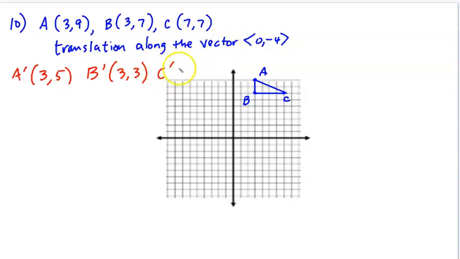And C prime will be 7, 3. We'll plot those points. There's A prime. So essentially, this vector told us to shift this figure 4 units downward. So you should be able to tell that all the points went down 4.